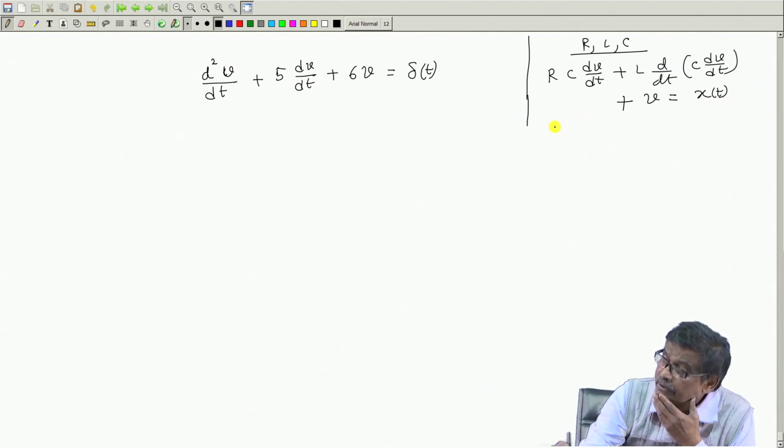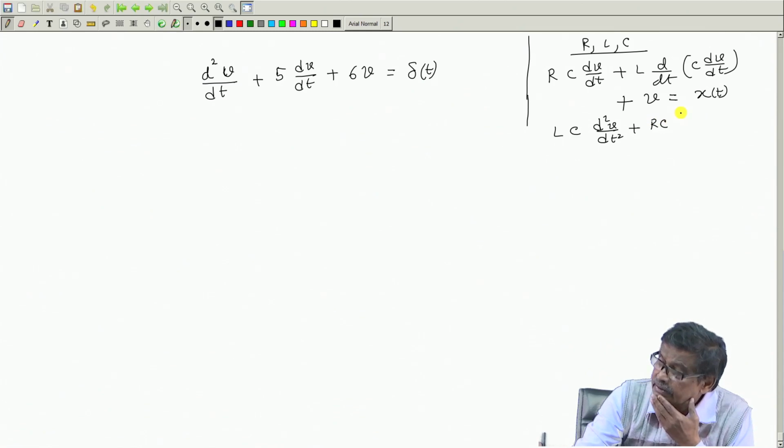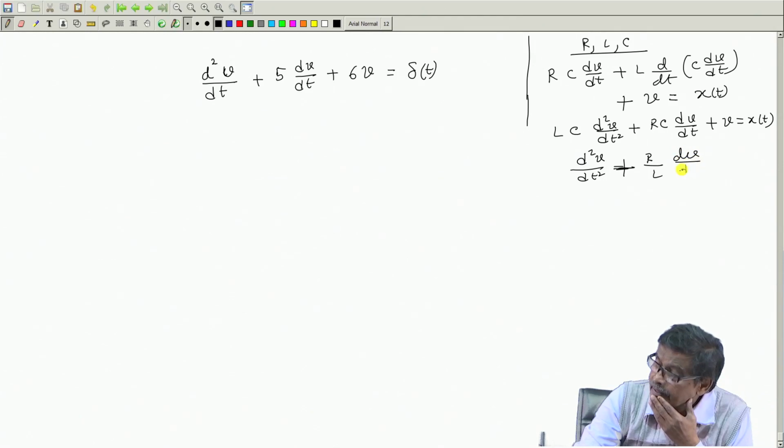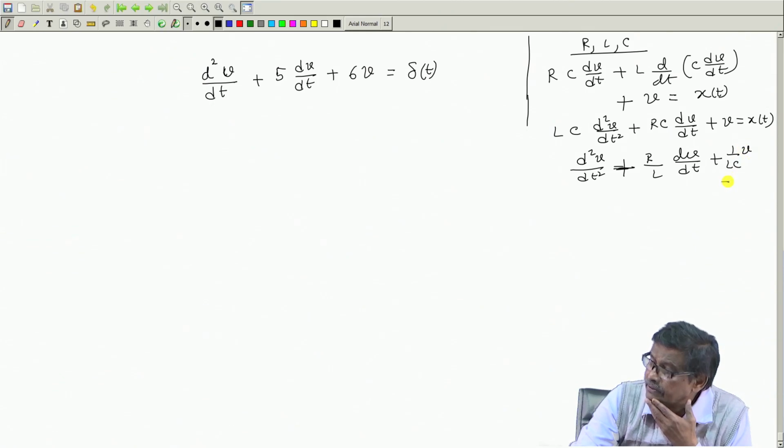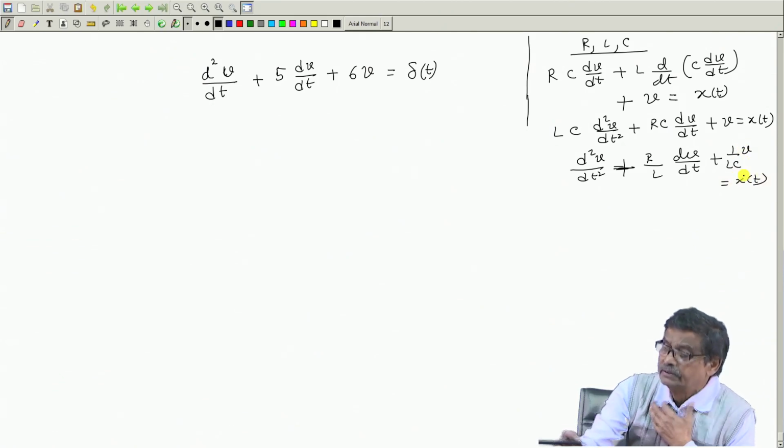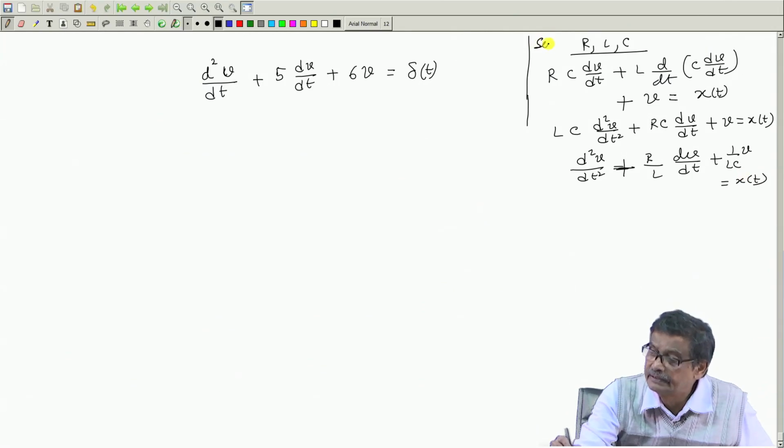Now, if you write this, it will be LC d2v/dt2 plus RC dv/dt plus V is equal to x(t). Then you write it like this, d2v/dt2 plus R by L dv/dt plus 1 by LC into V is equal to x(t), for any excitation to this series RLC circuit.